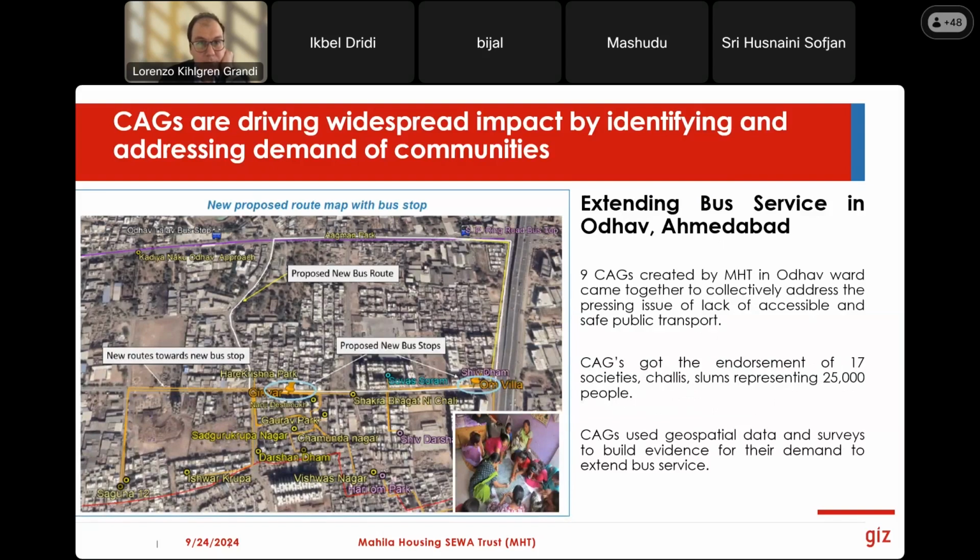This is very interesting, which is working at a city level for a transport route that they wanted to change. So this is the original transport route, which left out all these economically weaker section settlements, shown in yellow. And when they went with applications to the government, they were told that we don't have land to let the route go through nearby your settlements.